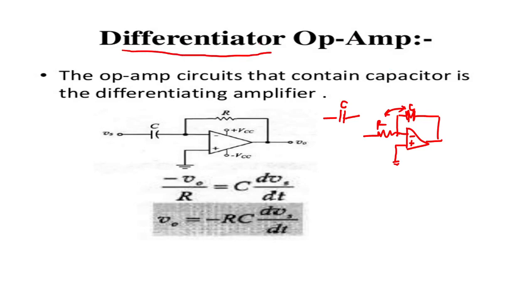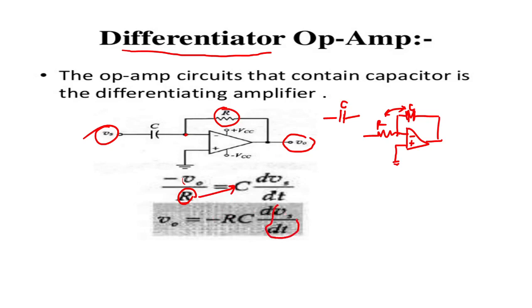So how does the differentiator work? If I take the potential at this point, the current is minus V naught divided by R. This equals the current across the capacitor, which is C times the derivative of the input voltage.